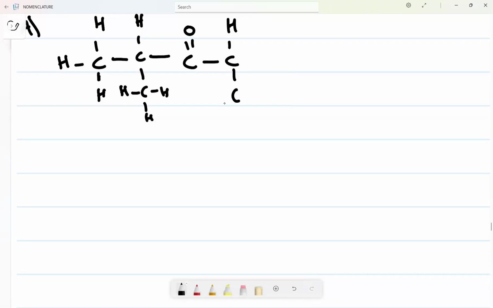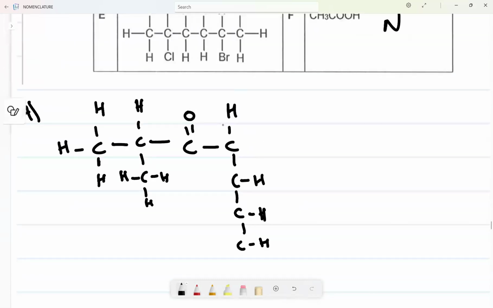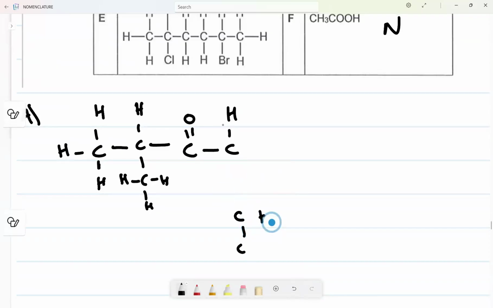I want you to take note of this. If you do it as a branch, it's going to be C, H, C, H, sorry, C, H, H, like that, H, C, H, C, H. Do we have something like this? No. Therefore, that bracket, if it does not make sense, is no longer a branch.